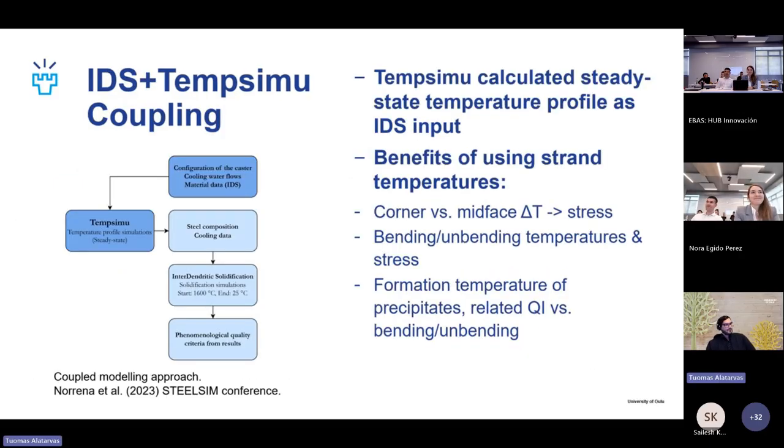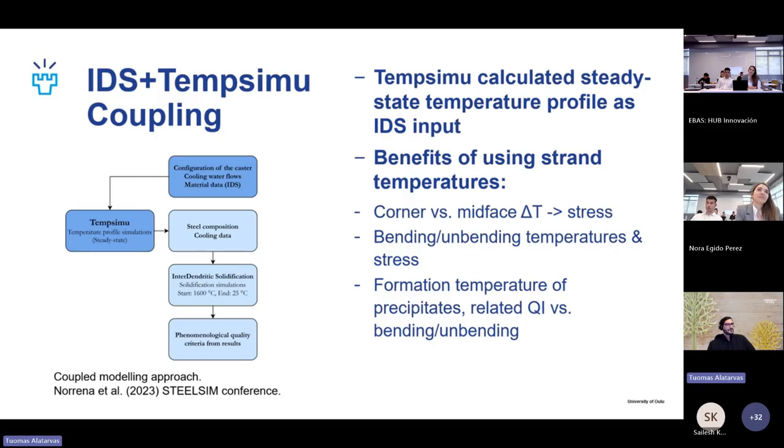And then, what are the benefits of coupling these modeling tools? Like I mentioned, we can utilize these TempSimu calculated steady-state temperature profiles as IDS input for cooling rate.